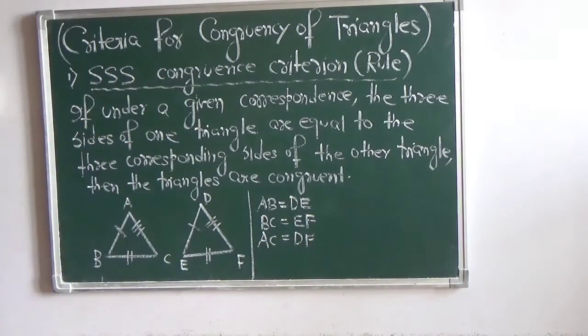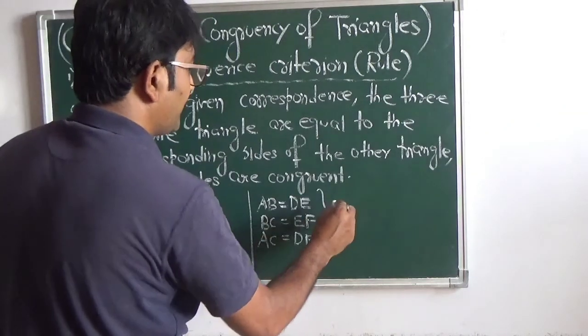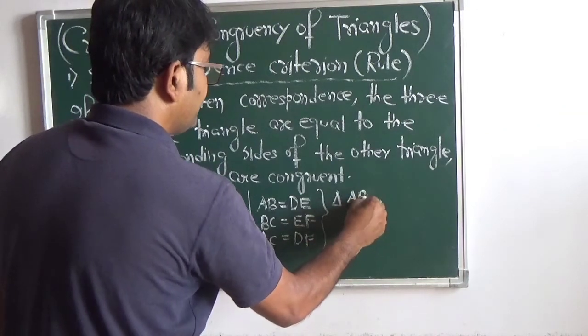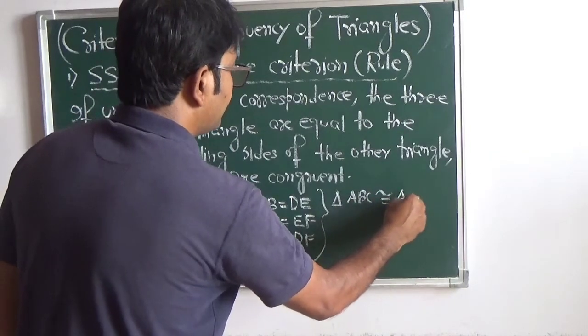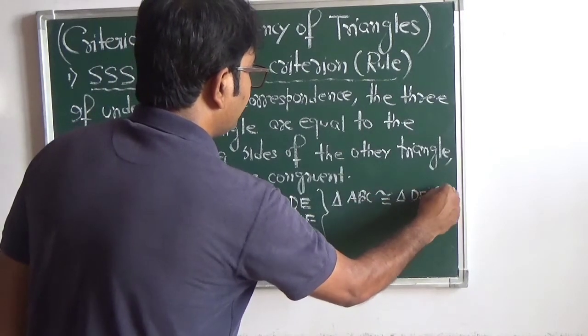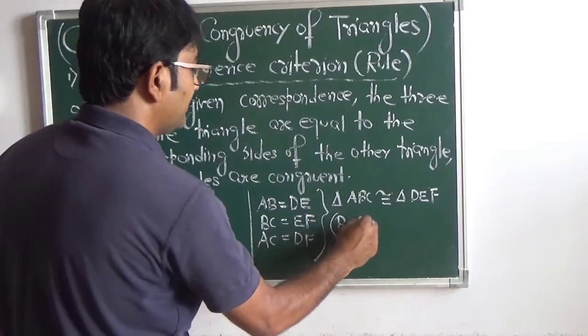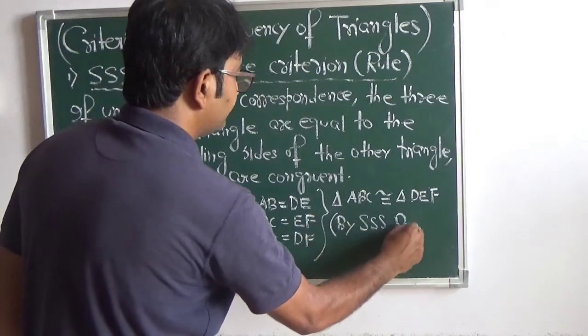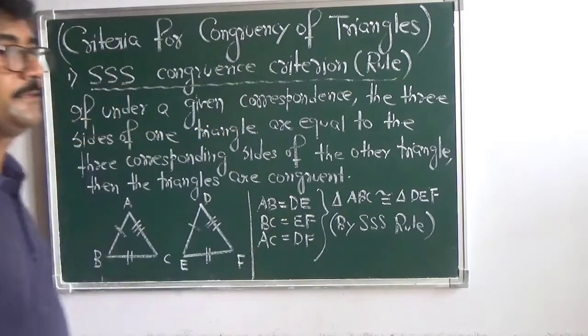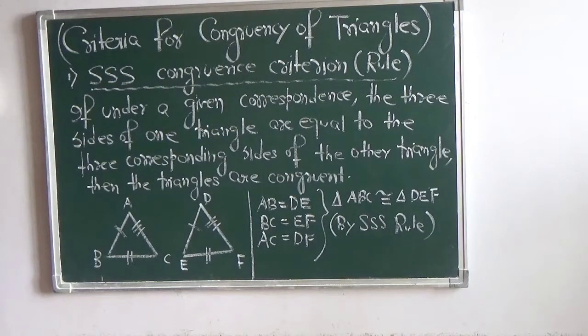If this happens, then we say that triangle ABC is congruent to triangle DEF, and this is by SSS rule. So if you can prove that the three sides of one triangle are equal to the corresponding three sides of the other triangle, then the two triangles are congruent. So this is the rule number 1, or you can say the criteria. So moving on to the rule number 2.